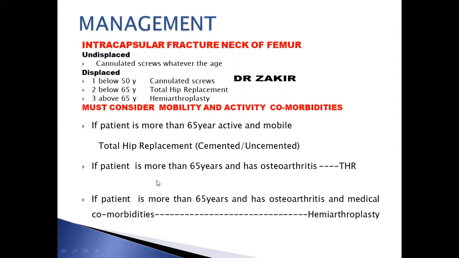If the patient is more than 65 years and has osteoarthritis only, we'll go for total hip replacement. If a patient is more than 65 years and has osteoarthritis as well as medical comorbidities like diabetes, hypertension, ischemic heart disease, cardiac surgery, then we are going to do only hemiarthroplasty.